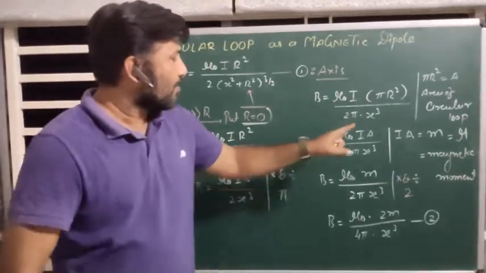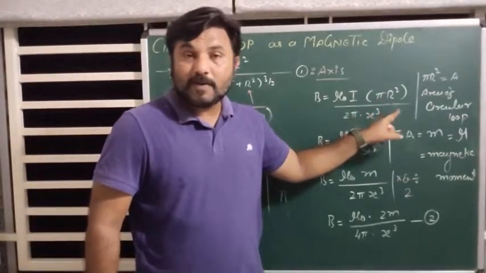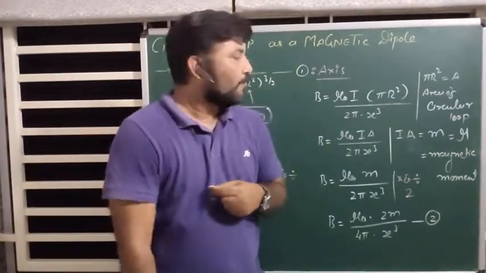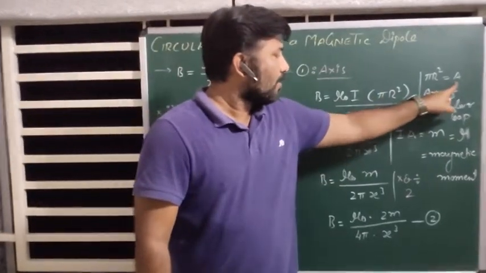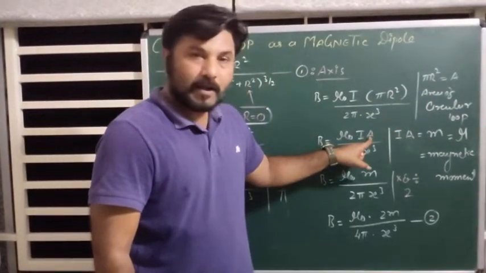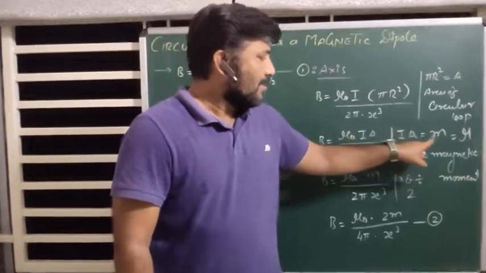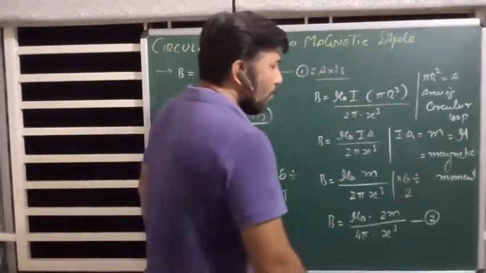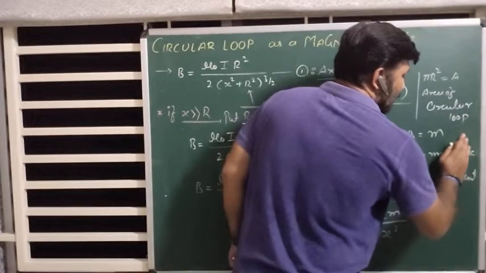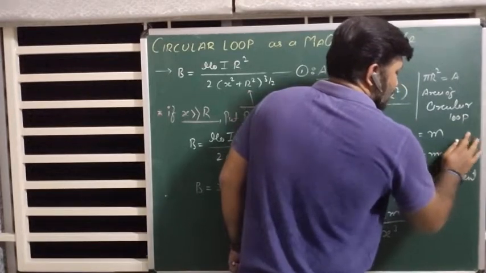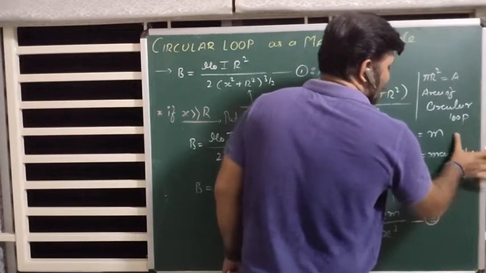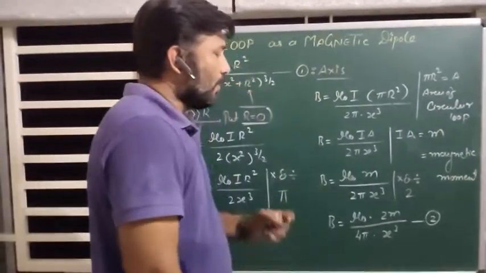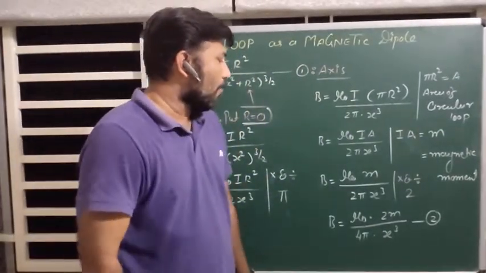So we are getting the equation. What is pi r square? It is the area of the circular loop. So pi r square is the area A. What is IA? It is nothing but magnetic moment M or mu, but just now we will remember only M. What is M? M is the magnetic moment.